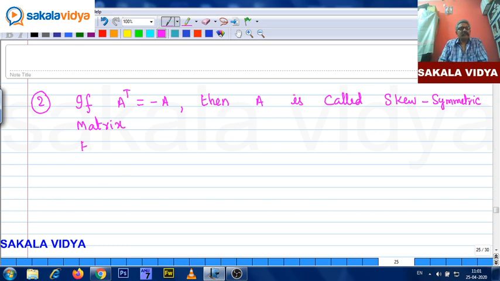See example, A is equal to, consider like this, 0, 2, 3, minus 2, 0, 5, minus 3 and minus 5, 0.